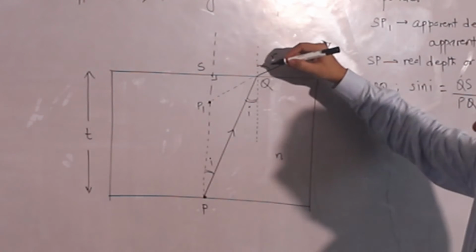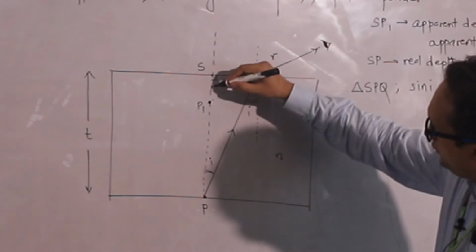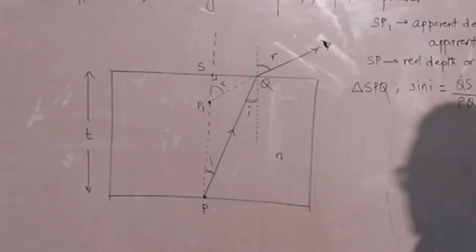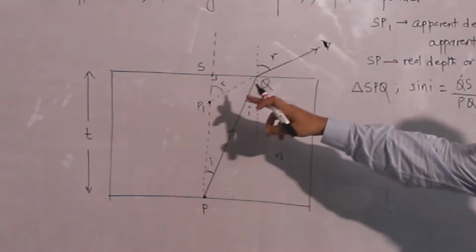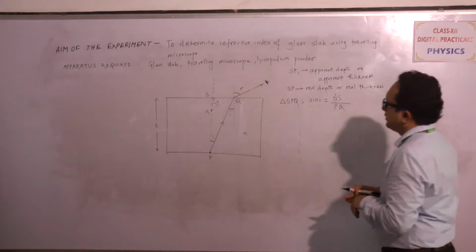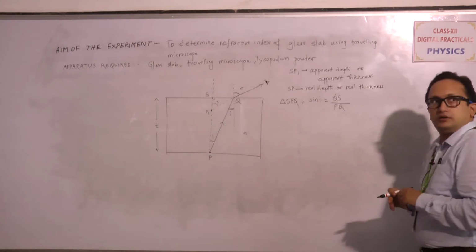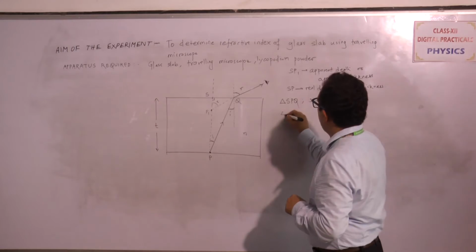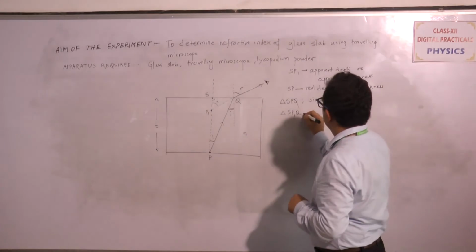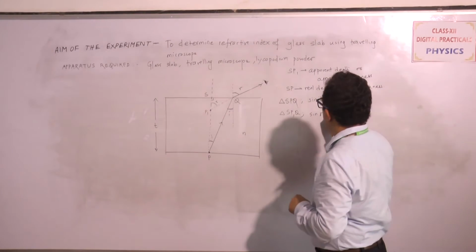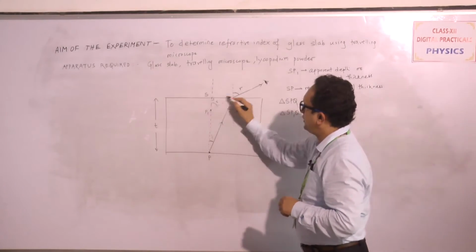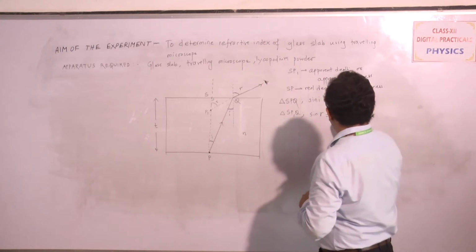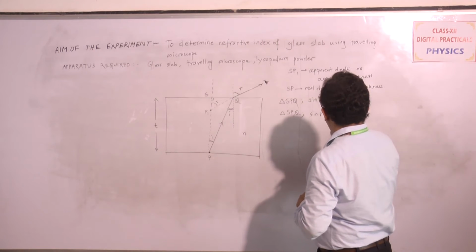Now if this angle is R, you can see that this angle will also be R because these are corresponding, parallel angles. So if I now look at triangle SP1Q, sine of R will be QS by P1Q.